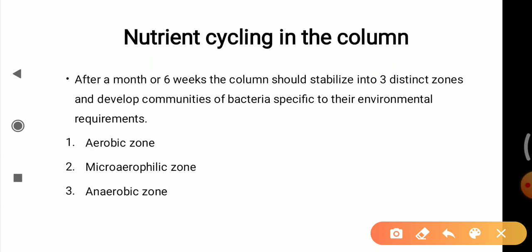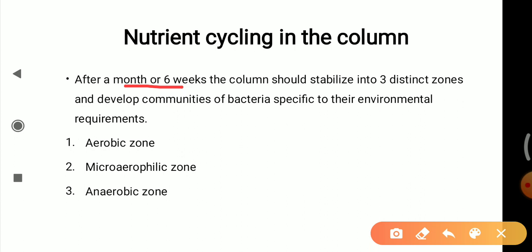Nutrient cycling in the column. After a month or six weeks, the column should stabilize into three distinct zones and develop communities of bacteria specific to their environmental requirements.